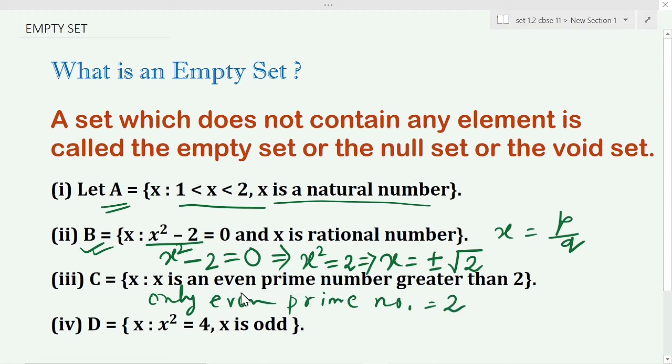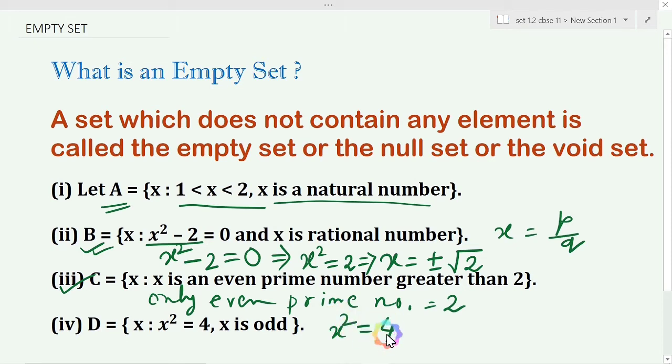So we cannot get any even prime number greater than 2, because 2 is the only even prime number. So C is also an empty set.